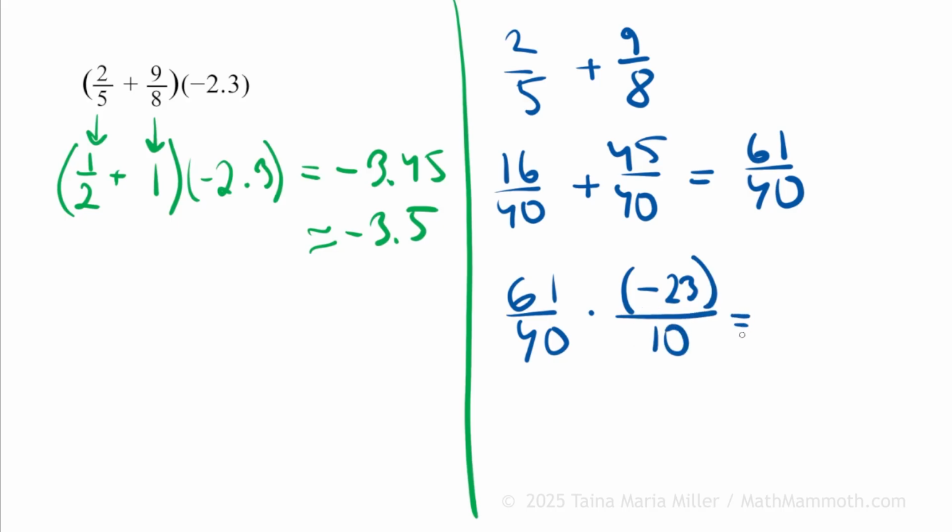Whenever there's a fraction multiplication, I always want to check if anything simplifies before multiplying. In this case, no, this is a prime, this is a prime. Nothing cancels out, so we just go 40 times 10, 400. And then this multiplication we need to do.